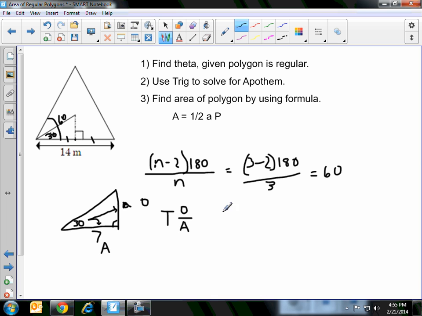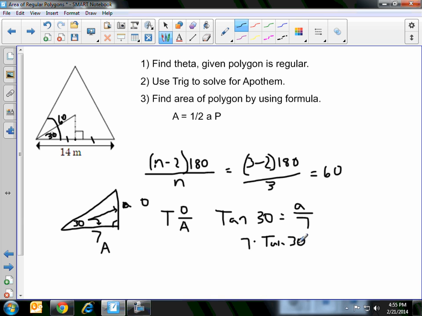So I'm going to set up an equation to solve for my opposite. My tangent of 30 degrees is equal to the opposite, which is my little apothem here, my a, over the adjacent, which is 7. Now, my number is in the denominator, so I'm going to be multiplying by 7. That goes in the calculator first, and I then multiply it by tangent of 30.